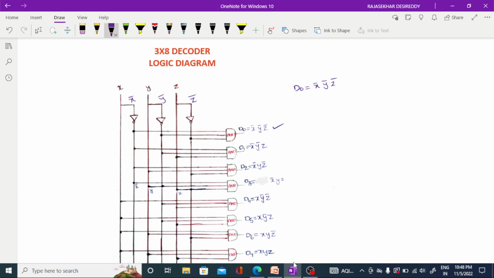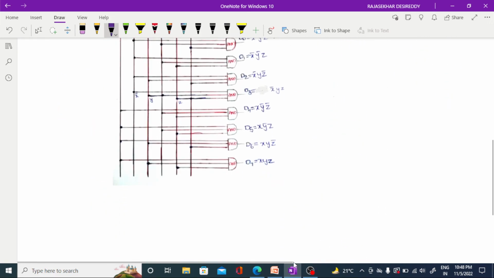Similarly D1, we know the expression. D1 is the combination 0 0 1, that means X bar, Y bar, Z. 1 means Z. So this is the X bar line, Y bar line, Z line. That's it. Hope you understand. Like that, you can simply draw the logic diagram.